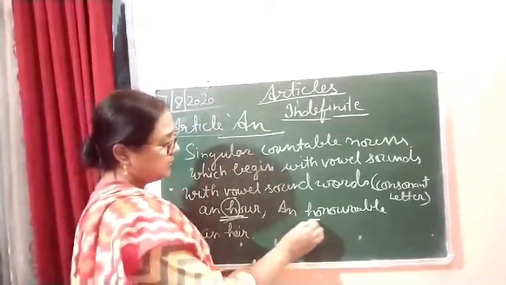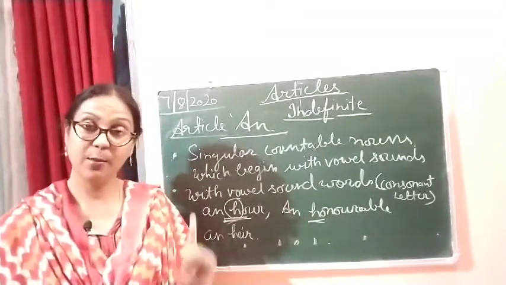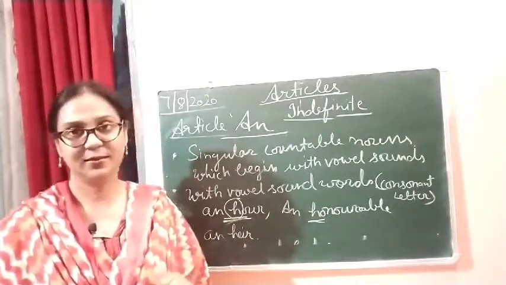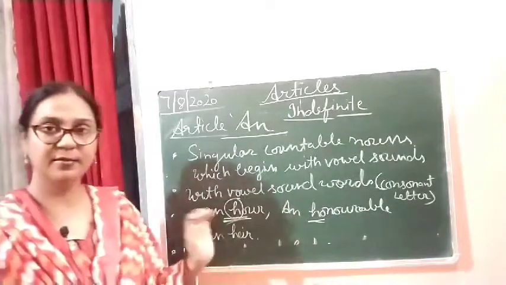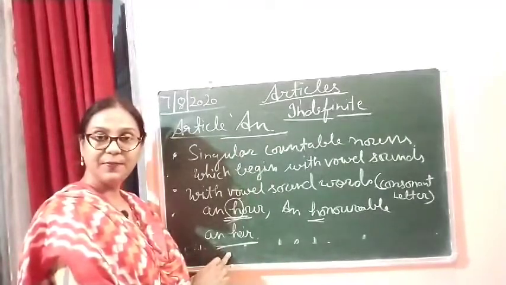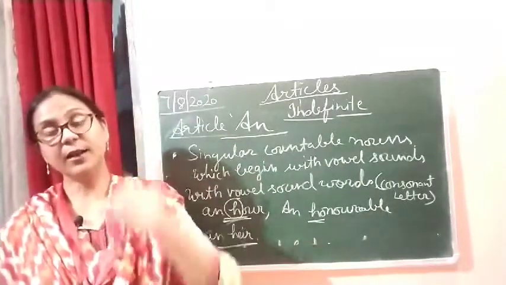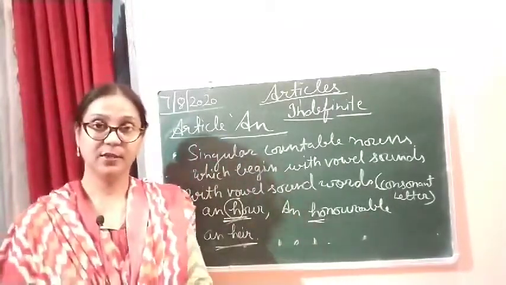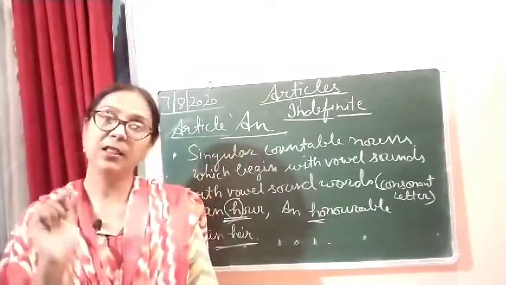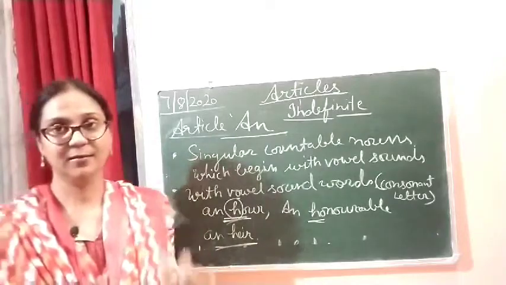It starts with H, which is a consonant alphabet, but the sound is a vowel sound. So this way we can understand that if the word starts with a consonant letter but has a vowel sound, then we write "an" before those words.